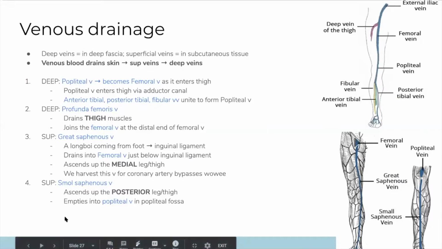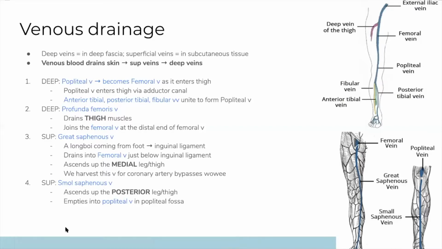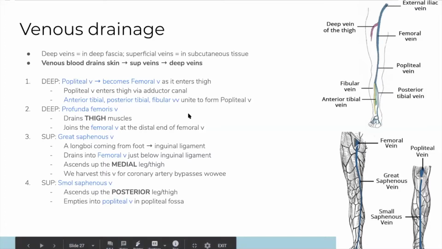Basically, the way that venous drainage works is that blood is drained from the skin into the superficial veins, into the deep veins. The deep veins go all the way up to the vena cava, into the heart. So it's kind of like the opposite of arterial supply, where it comes from the heart, then goes to the big arteries and the arterioles and the capillaries. So yeah, deep veins in deep fascia, superficial veins in subcutaneous tissue. Pretty basic.